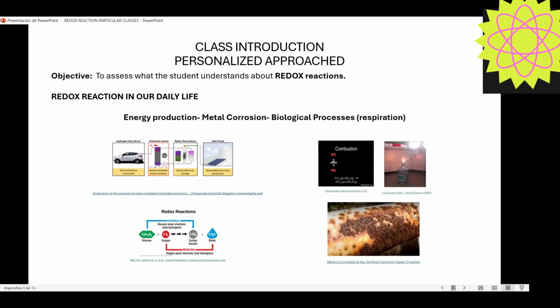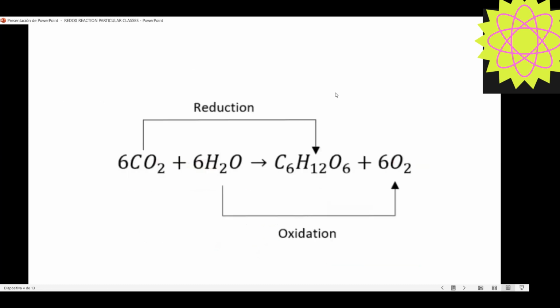So also, the redox reaction takes place in metal corrosion, right? When there is a metal that is rusting, there is a redox reaction taking place. Okay, so look, this is what basically happened here. In the previous equation, we had this expression, H12O6. You see this part, we're gonna invert it.